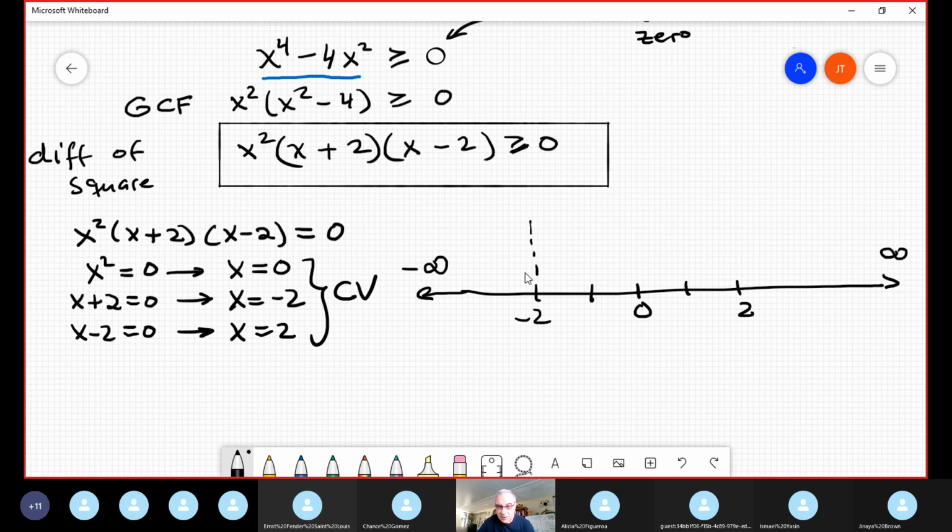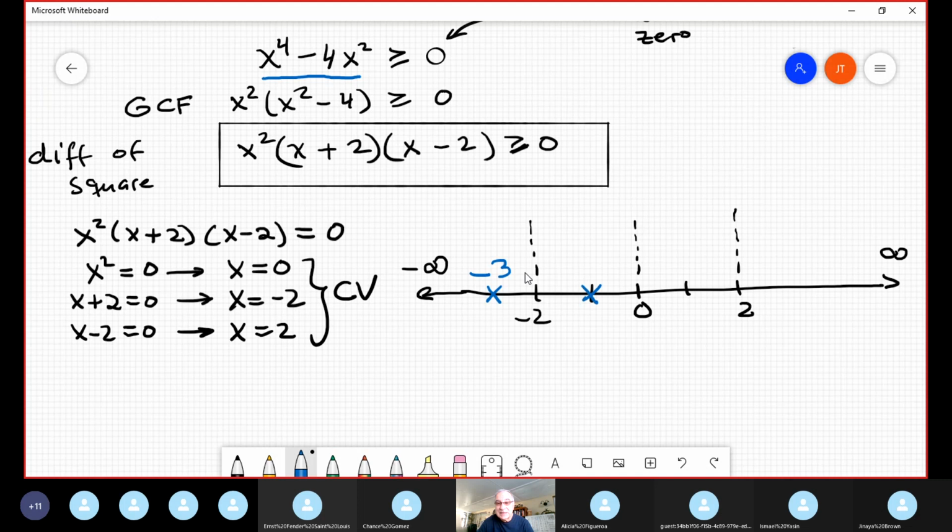So I put the vertical dotted line, similar to the vertical asymptote, but it's not a vertical asymptote. A vertical asymptote I put in both directions, above and below. And for the partition I put it only below. This is a style, you know. Now I select, we have 1, 2, 3, 4 intervals. I select 4 testing points. Maybe good testing points are negative 3, or negative 4, or negative 5.